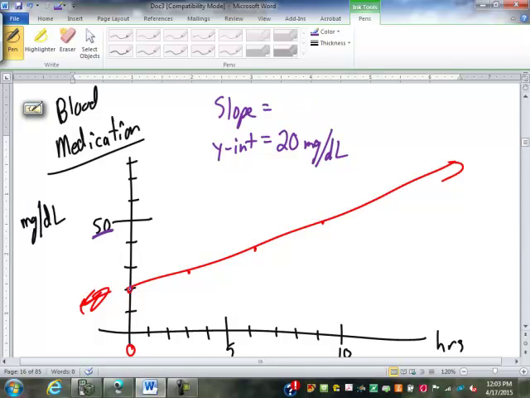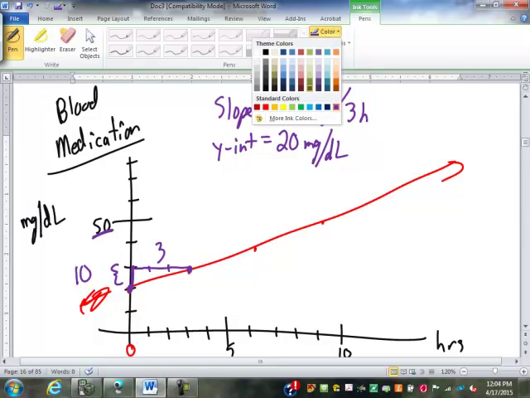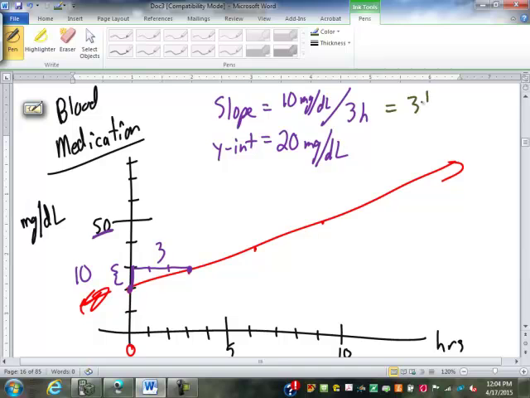Our slope, if we pick 2 points that we can find on the graph, here and here, if we look at our rise and our run here, we rise from 20 to 30, that's 10 units, and we run 1, 2, 3 hours. So our slope is 10 milligrams per deciliter per 3 hours. Or that can be divided down to 3 1/3 milligrams per deciliter per hour.